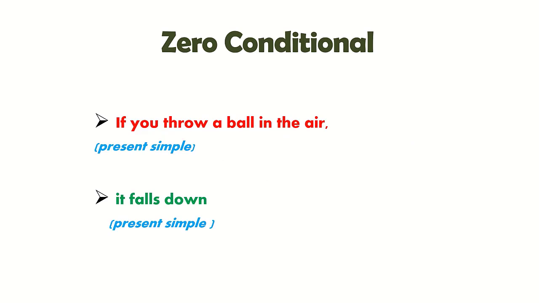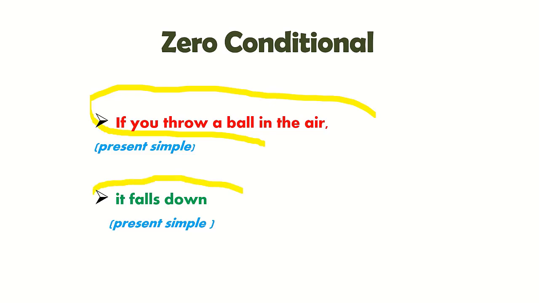Zero conditional. We use the zero conditional to talk about facts, things that always happen in the same way. Here you have an example. If you throw a ball in the air, what will happen? It falls down.